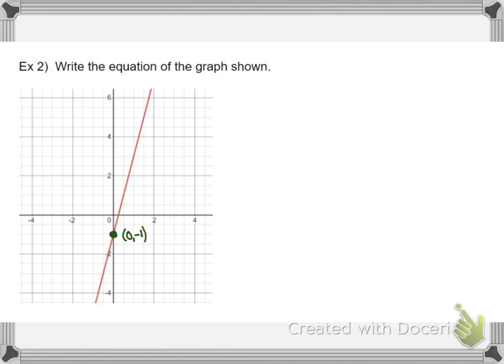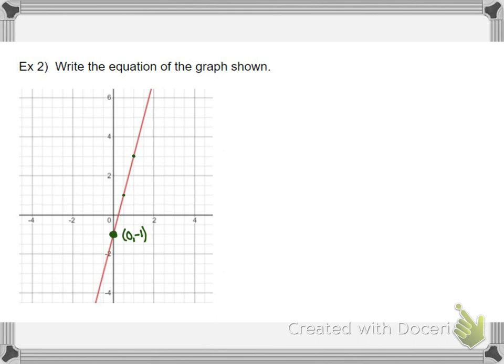So my y-intercept is -1. The next thing I need to do is find another point that I could use to get the slope. So I see that this line passes through a point right here, and I see that it goes through here. So those are just easy points to identify. You can use either one.